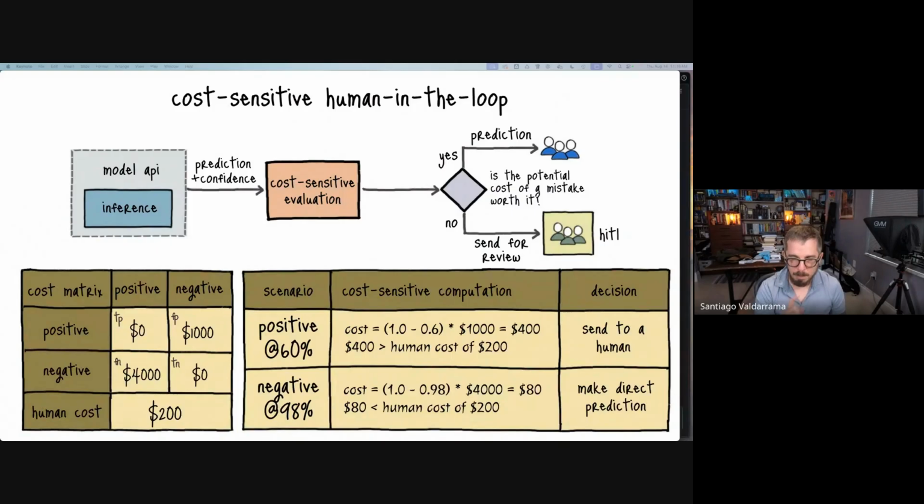Something else on top of that is that the human cost here, that's what I told you before, that we could make it even a little bit more sophisticated. Here I have a human cost of $200, but in a place where you have a lot of requests, when this is not a one-off that you run every day, but you really get a lot of requests, the human cost will fluctuate and it will top off.